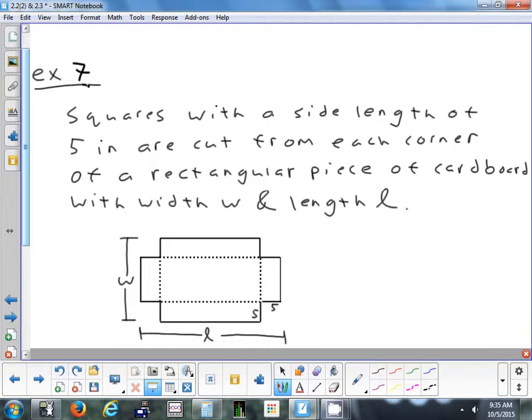Okay. Does everyone see what I mean? Folding in on those dotted lines. So you're just going to fold those sides up and have a little tray with 4 sides. Okay, the size of the square we're going to cut out of each corner is 5 by 5. So we're going to cut out a square that's 5 by 5 from each corner.